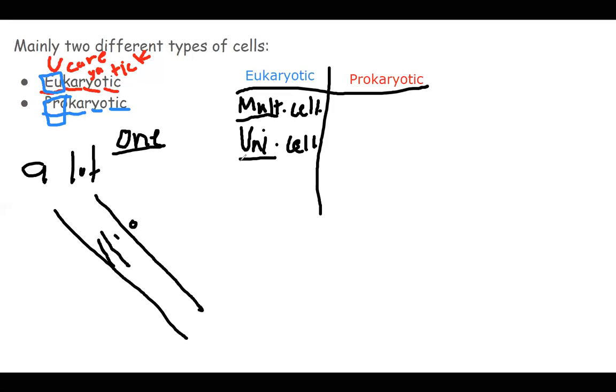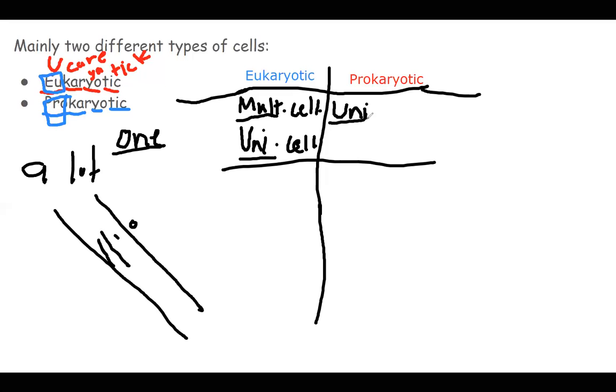For example, some bacteria are included in unicellular organisms. And before we continue about this even more, now we'll talk about prokaryotic cells. Prokaryotic cells can only make unicellular organisms. In this category, there are only unicellular organisms. There are no multicellular organisms.